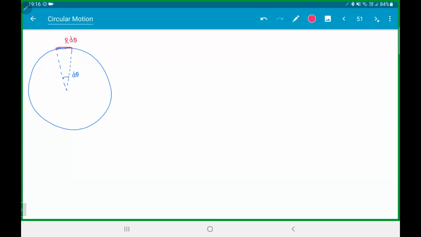So this is a very small piece here. If you take half, it will be d theta by 2. Forces will be tension, tension. If you look, this angle is 90, so this angle will be d theta by 2.